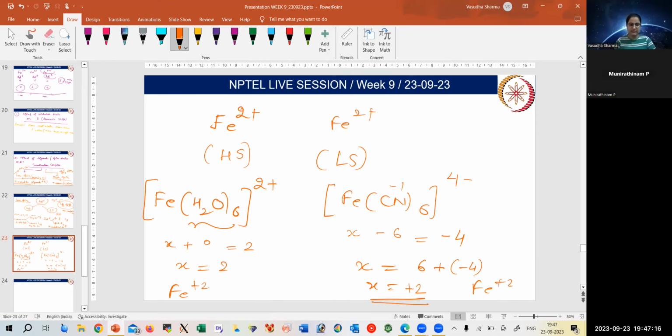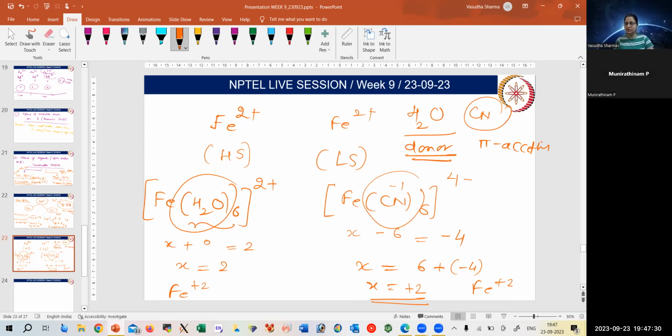But if you see here, it's a water ligand and here it is a cyanide ligand. Comparing water and cyanide, cyanide is pi accepting and water is a donor. So the donor will make a high spin complex, and the pi acceptor will make a low spin complex.